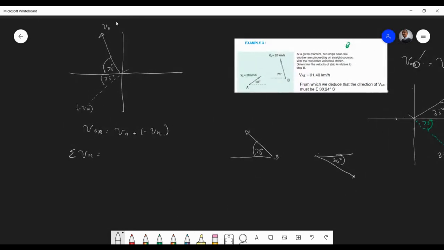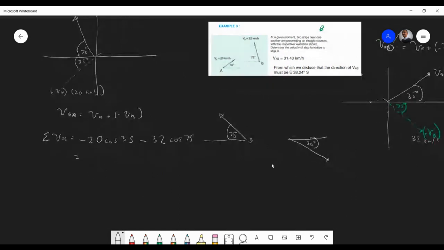So VB was 32 kilometers per hour, and then VA was 20. Now we know that that's going to be negative. I'll start with A. It's minus 20 cos 35, and then minus 32 cos 75. That'll give me an answer.